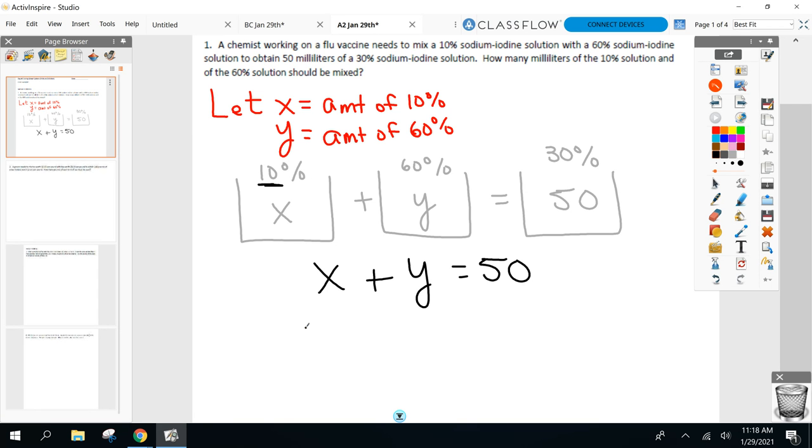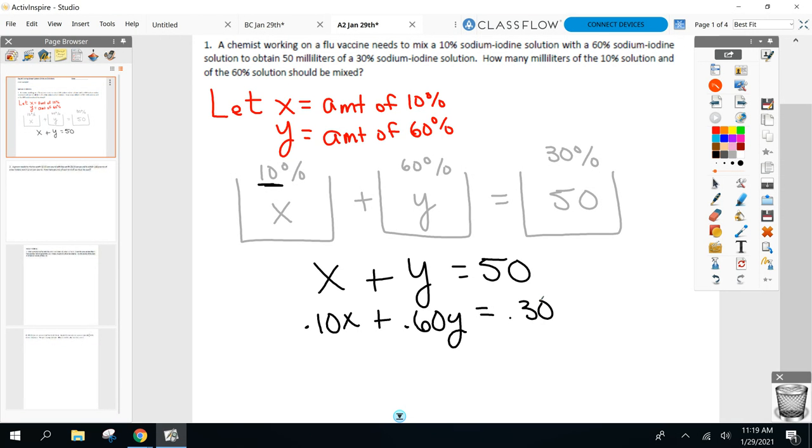So watch. 0.10x plus, now 60% would be 0.60y. Now I'm just putting the percents with them. Equals, how do you think it's going to look on this side now? Just keep going with what I've done here. What's it going to look like? Equals 0.30. Yeah, but not just 0.30.